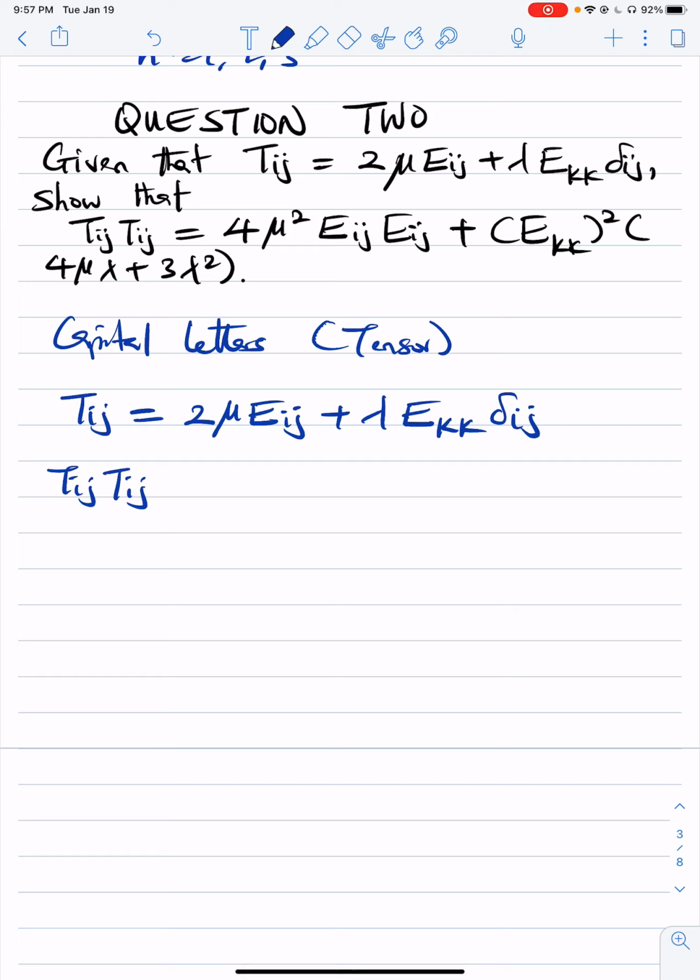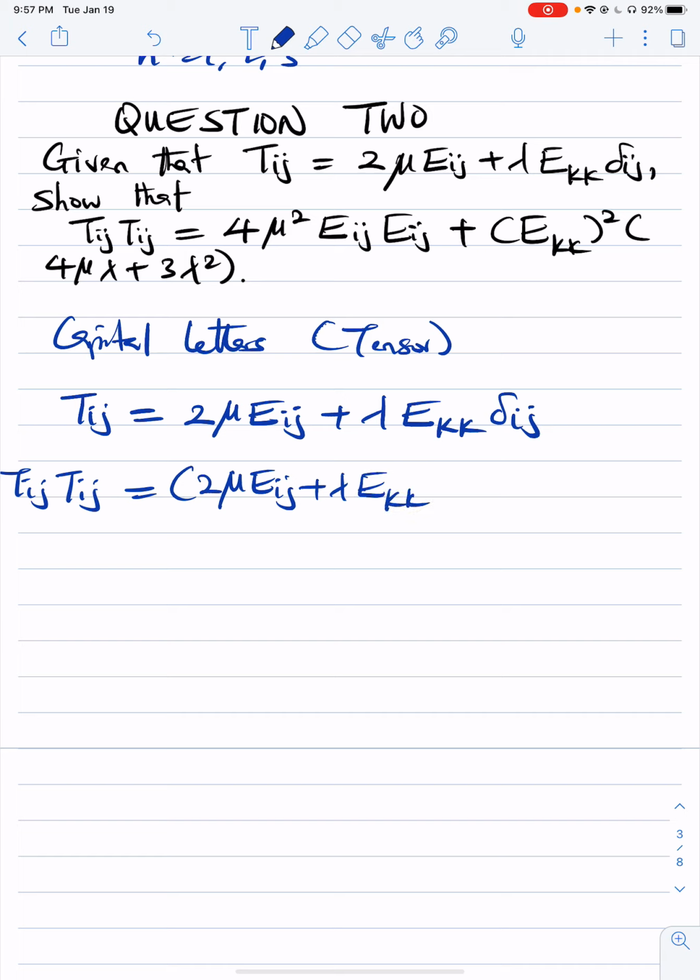Now, first of all, Tij squared is like, in the previous problem, when you have this, we could square them up, right? So what that means is we're going to be squaring this one: 2 mu Eij plus lambda Ekk delta ij, times 2 mu Eij plus lambda Ekk delta ij, right?